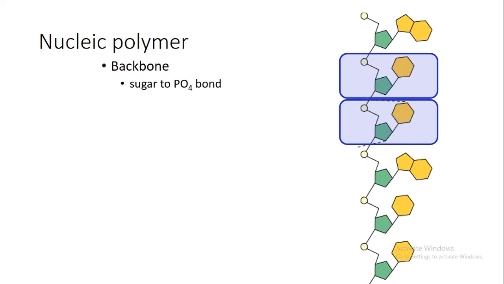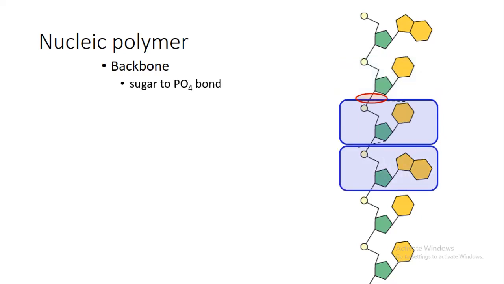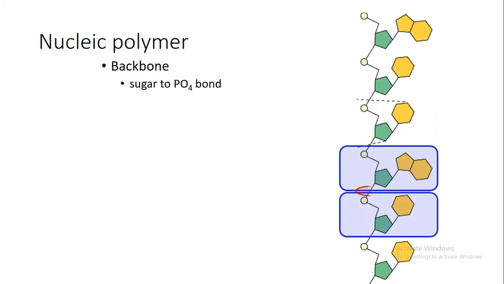When these two come together, they share that bond, which is between the phosphate group and the ribose sugar. These two are forming the backbone. The same applies with the next one: the nucleotides together form a bond there, which is an ester bond, and that helps in making the backbone.